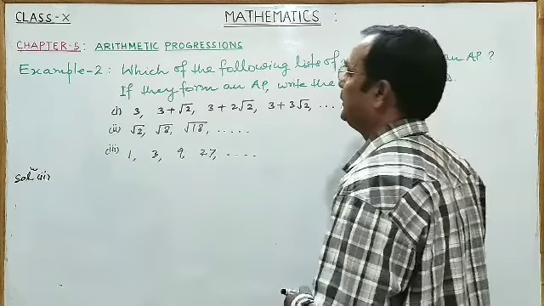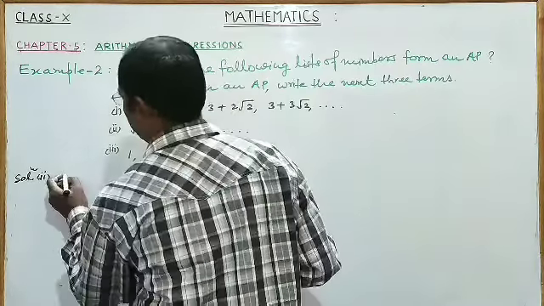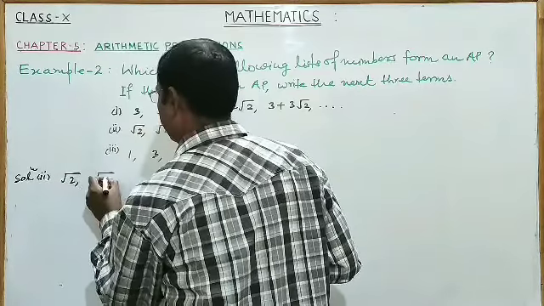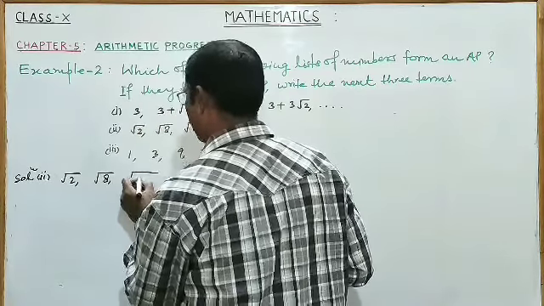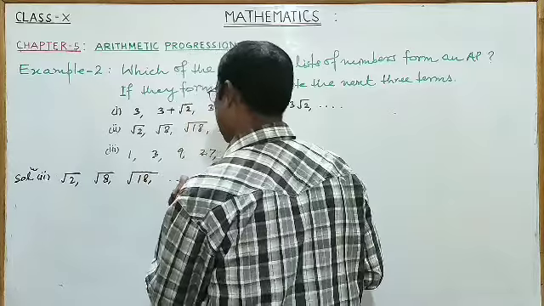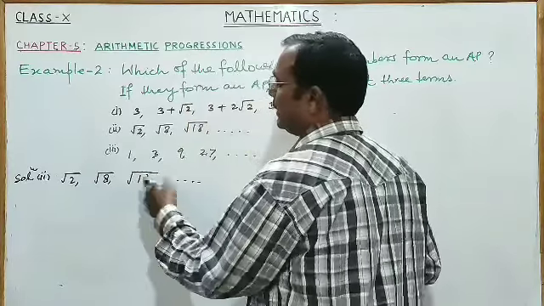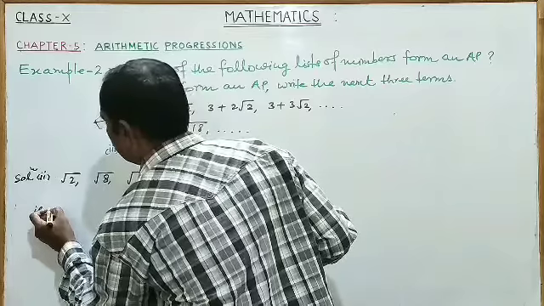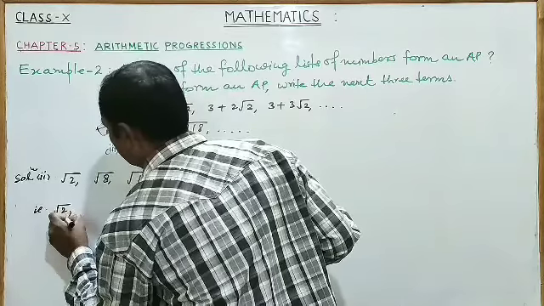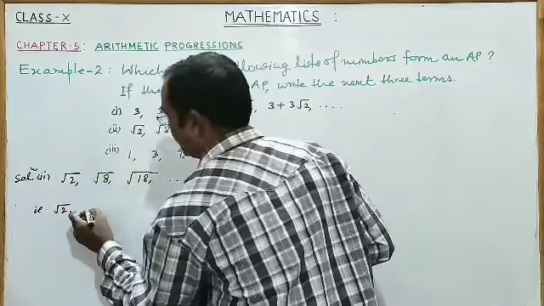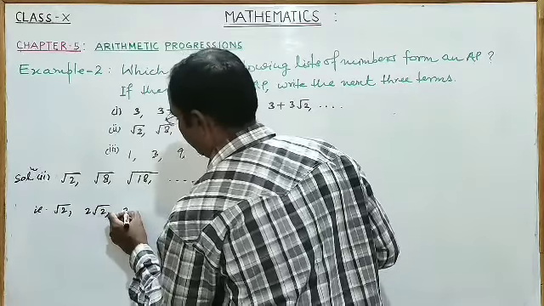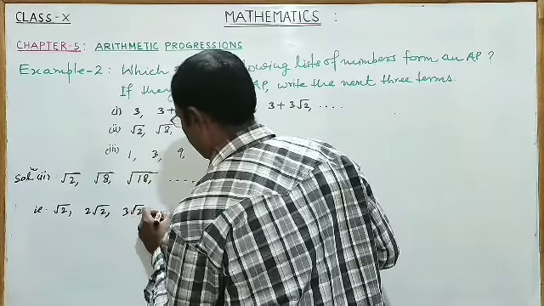Next part: under root 2, under root 8, under root 18 and so on. Here these numbers in the given list can be written as under root 2, 2 under root 2, 3 under root 2 and so on.